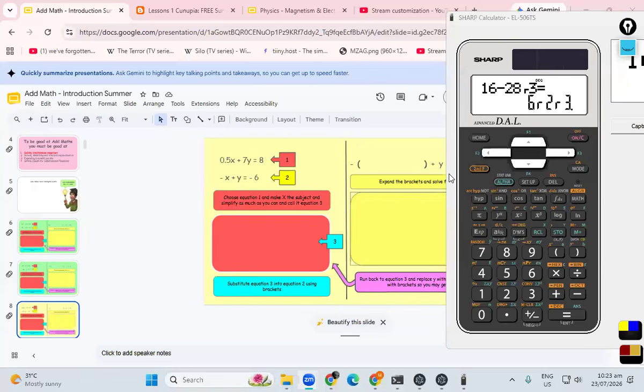Recording. So if you have a Sharp calculator, press 16 minus, press 28, that's the numerator, the ABC button, and 3. That means 28 over 3, and press equal. Bam. 6 2/3. Right? So you guys got to see it 3 times.